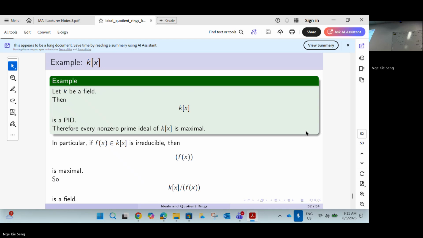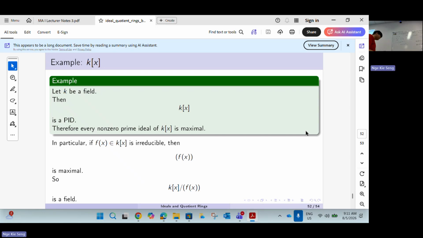And this example, we already saw it, this is a PID, and then if the prime ideal is a non-zero prime ideal, then it is also maximal.